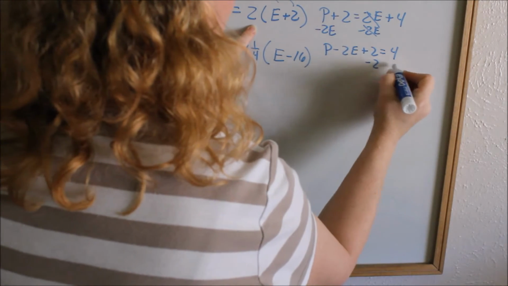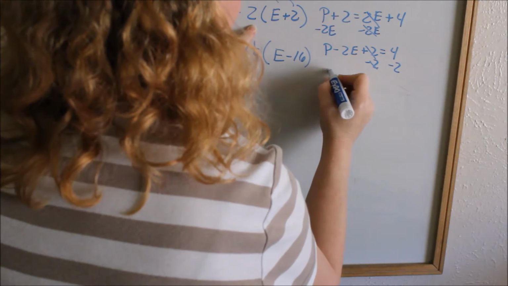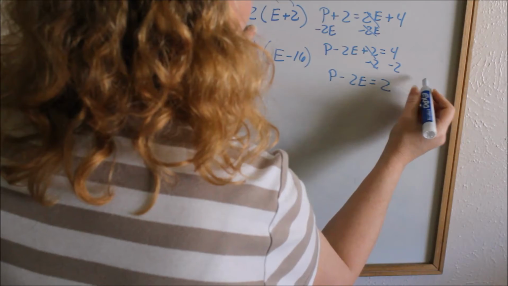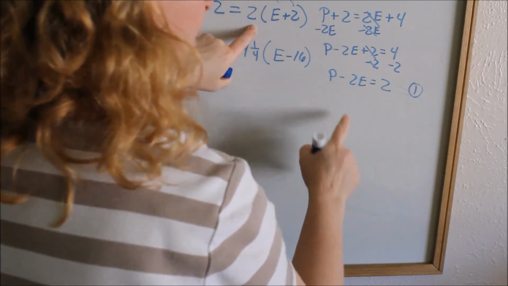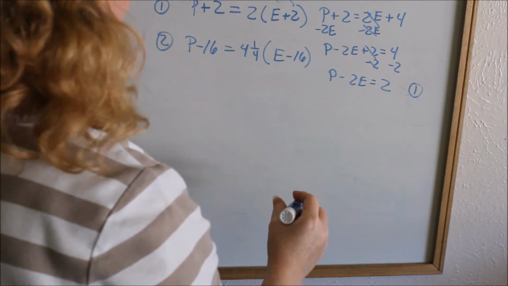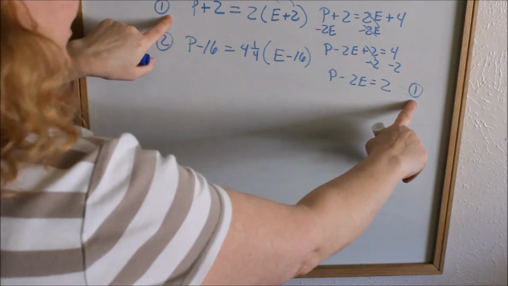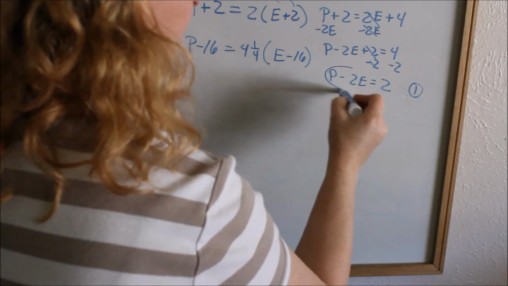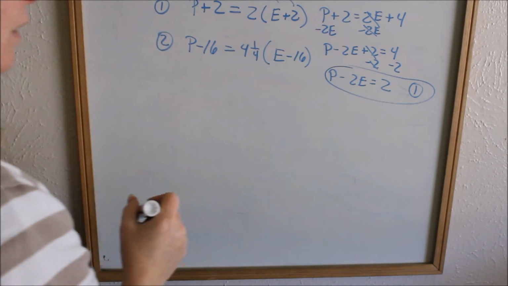I'm going to move my 2 over. So I have P minus 2E equals 2. Okay, this is one of my equations I'm going to use for elimination. It's equation 1, it's just in different form.